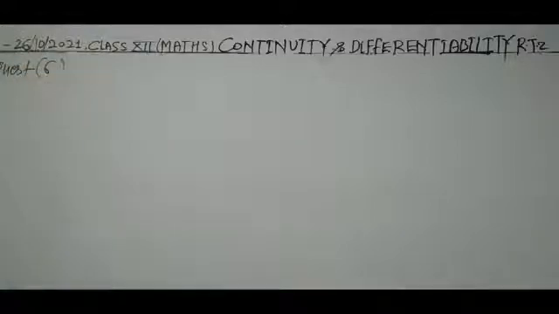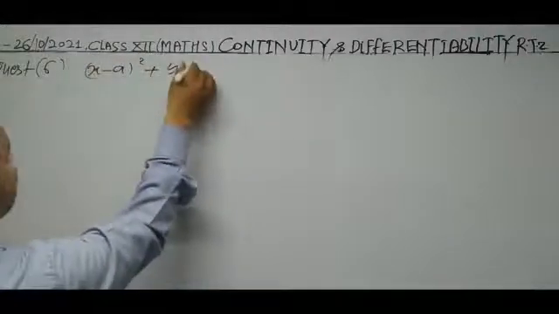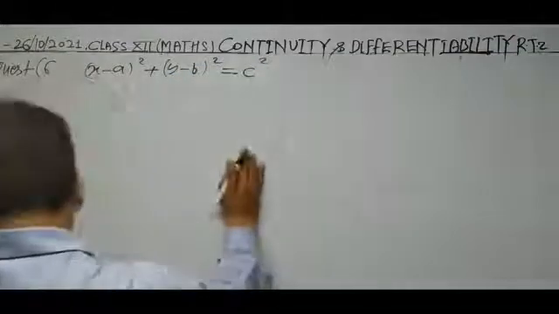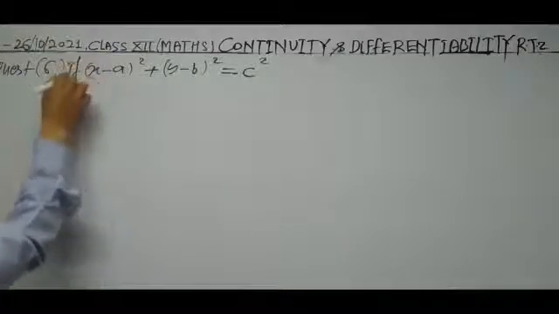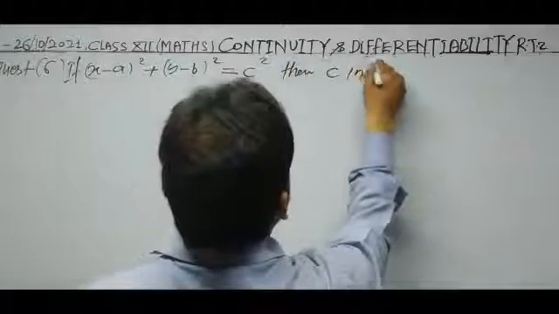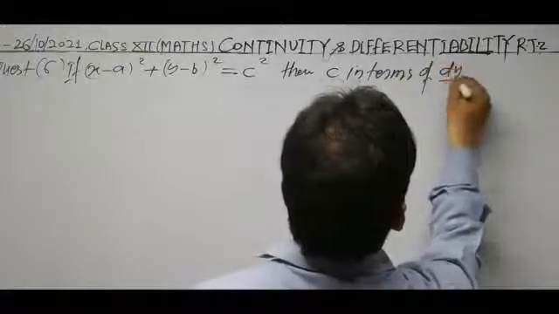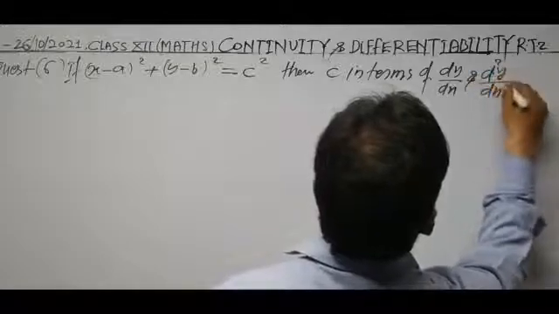Question number 6. If x minus a whole square plus y minus b whole square is equal to c square, then find c in terms of dy by dx and d2y by dx2.